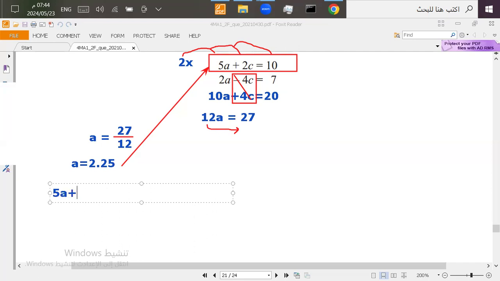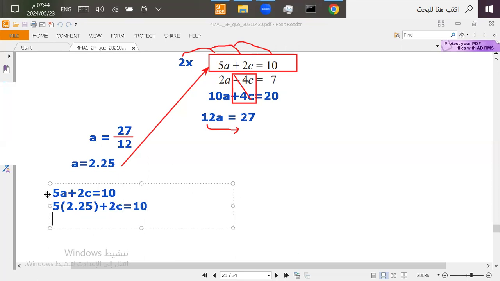So 5a plus 2c equals 10. a is 2.25, so 5 brackets. Remember this: when you substitute any number inside a variable, please use brackets. It's easier when you do it in the calculator like that. So 5 times 2.25 plus 2c equals 10.